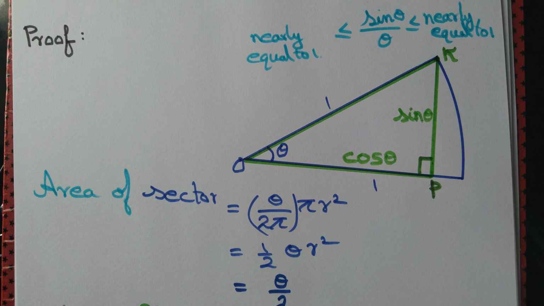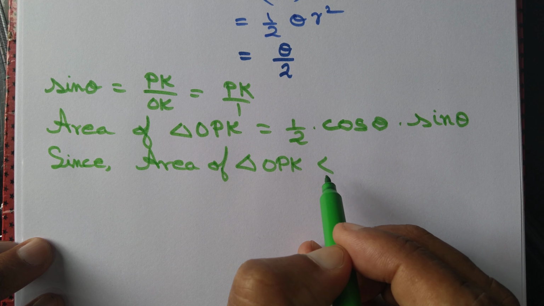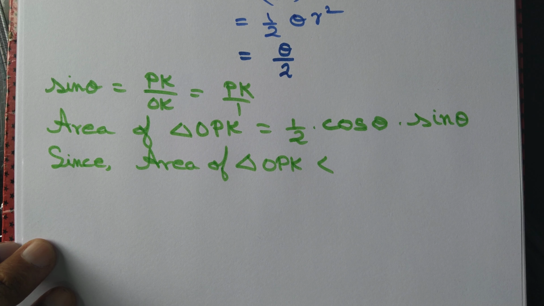Which one is bigger? Obviously the area of sector is greater than the area of triangle, since the area of triangle OPK is less than the area of sector.